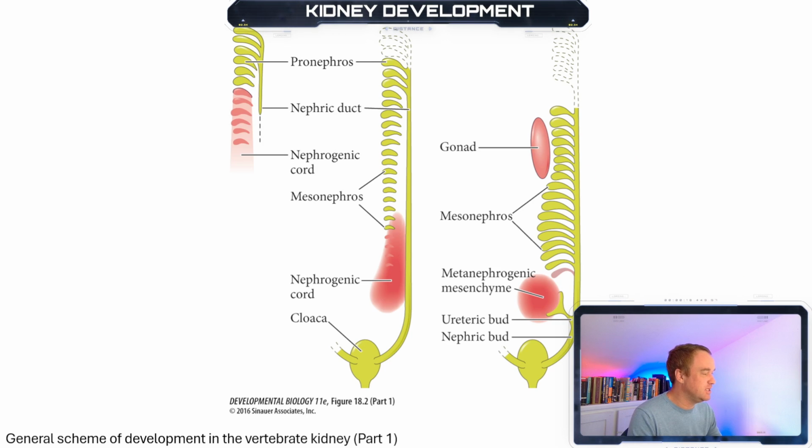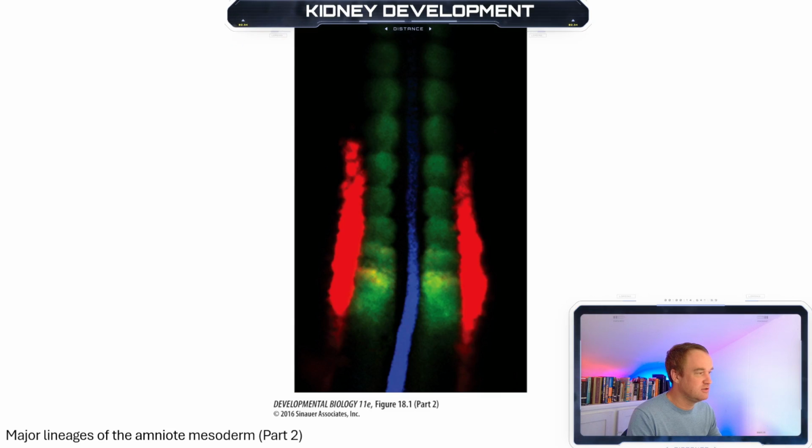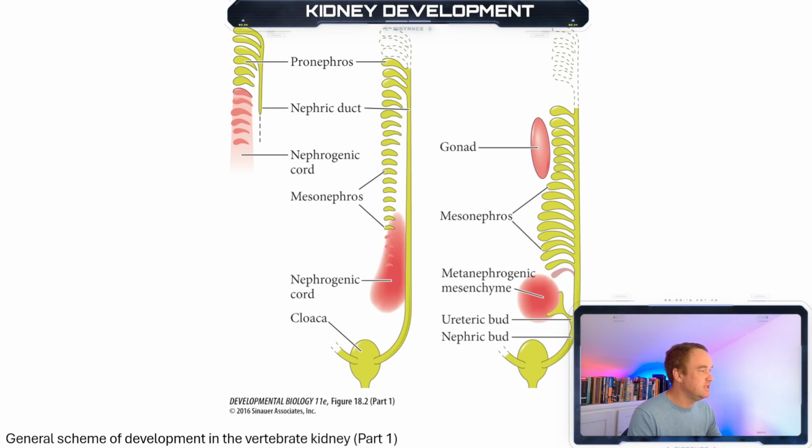Okay, so this is going to be a lot of information on this slide. There we go. So this is a general schematic of the development of a kidney, a vertebrate kidney specifically. So the nephrogenic cord, which is this pink-red region here, is from the intermediate mesoderm.